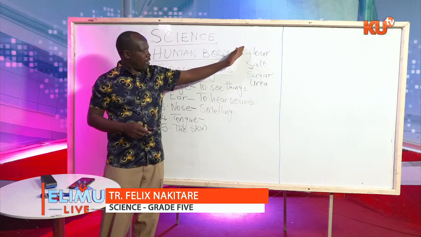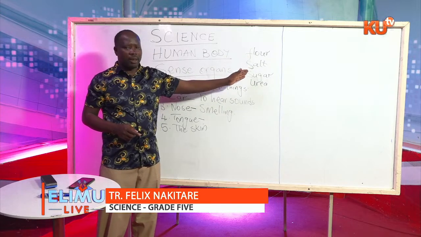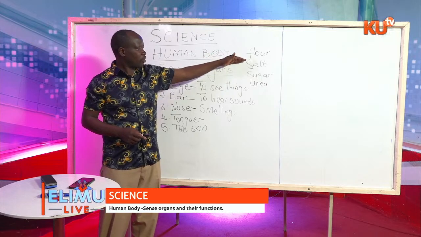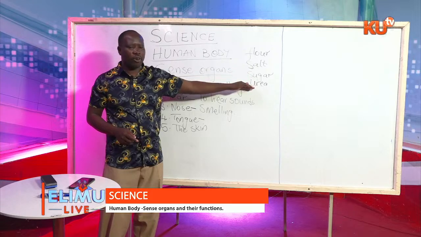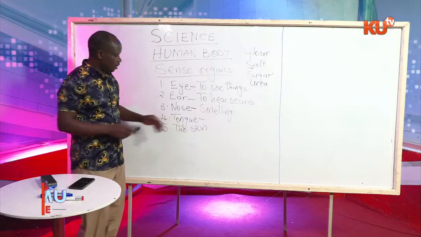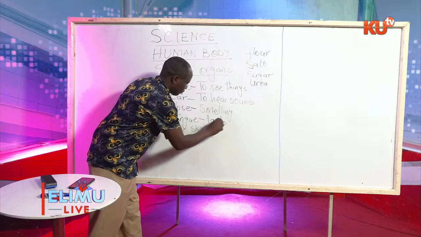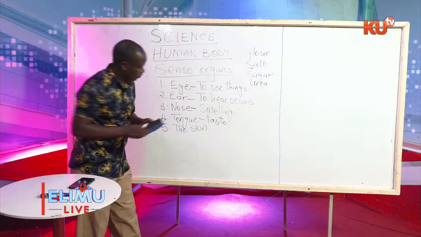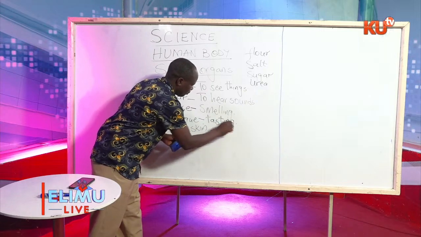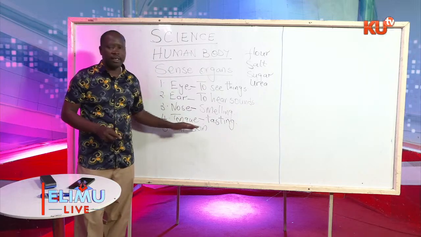You can identify through the use of your tongue. When you taste flour, it has a different taste from salt, from sugar, and from urea. So this means the function of your tongue is to taste.